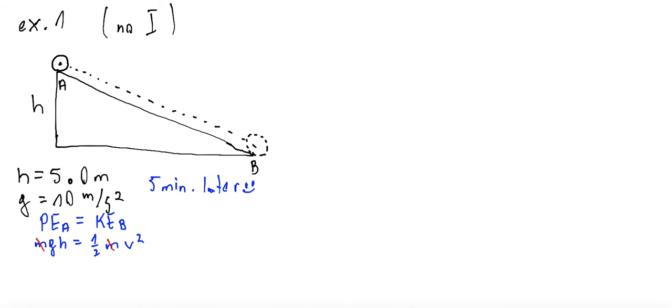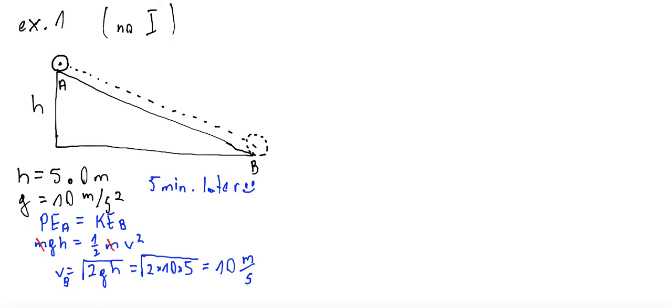Okay, so finally v is equal to the square root of 2gh, which is the square root of 2 times 10 times 5. Oh, fortunately, the result is nice because 20 times 5 is 100.